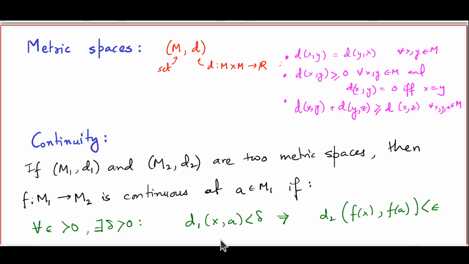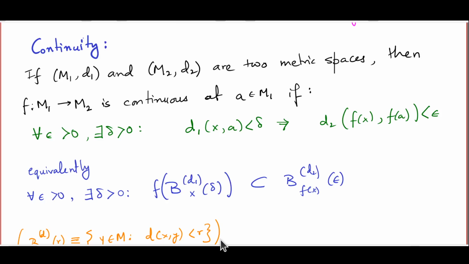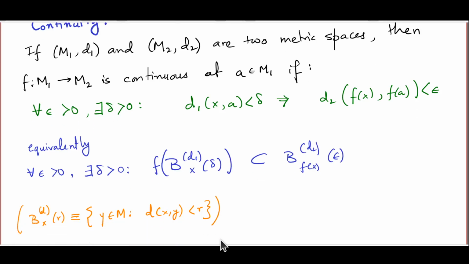Now, this interval, of course, is something that we use on the real line. On a general metric space, we have this generalization called the open ball. And in the language of open balls, the definition of continuity simply becomes: for every epsilon which is positive, there must exist a delta which is positive, such that the open ball of radius delta centered around x, according to the metric d1, maps under f to a set which is contained entirely within the open ball of center f(x) with radius epsilon.